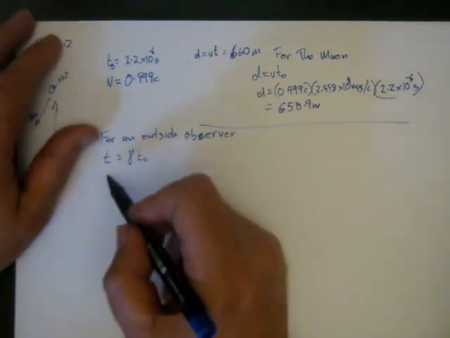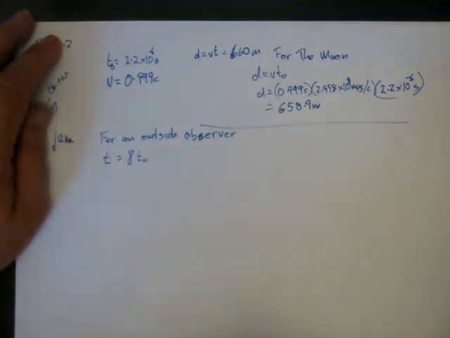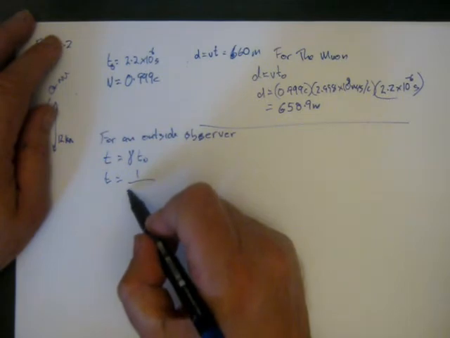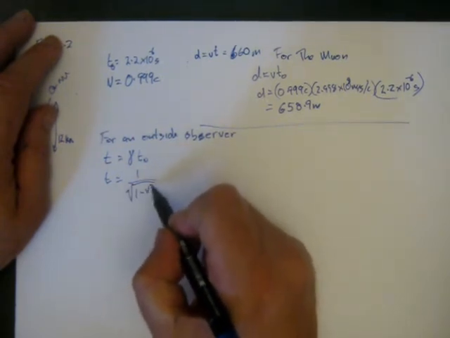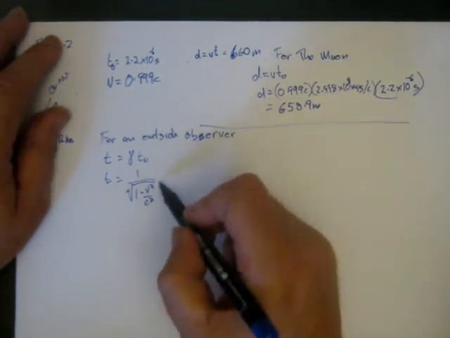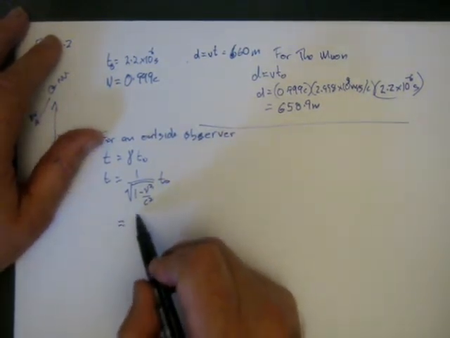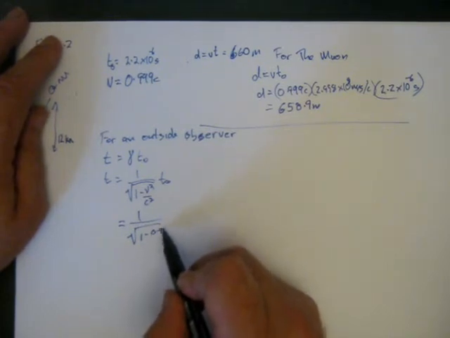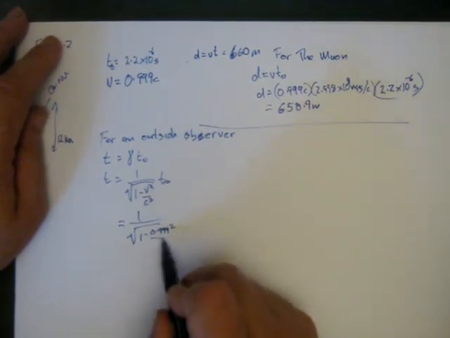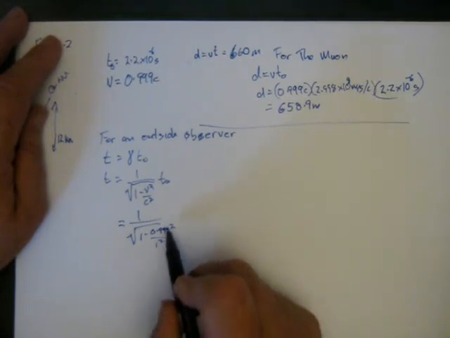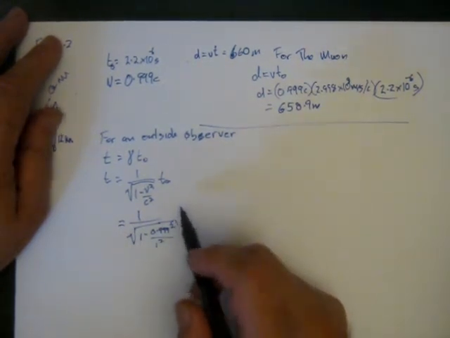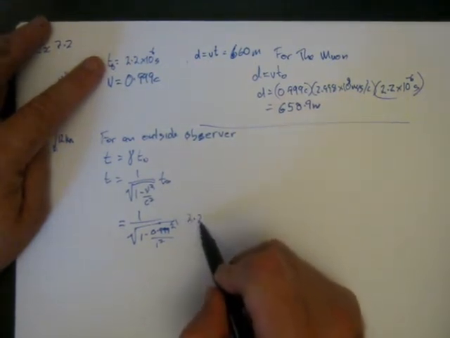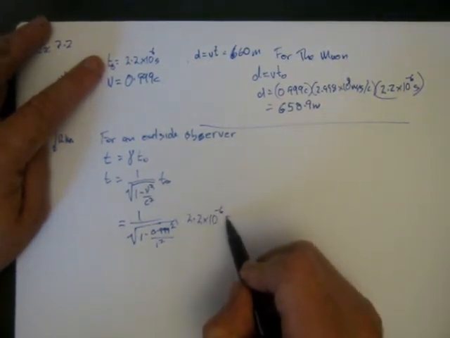So t is going to equal the gamma factor, 1 over the root of 1 minus v squared over c squared, times t naught. That equals 1 over the root of 1 minus 0.999 squared over 1 squared, times the time, which is 2.2 times 10 to the negative 6 seconds.